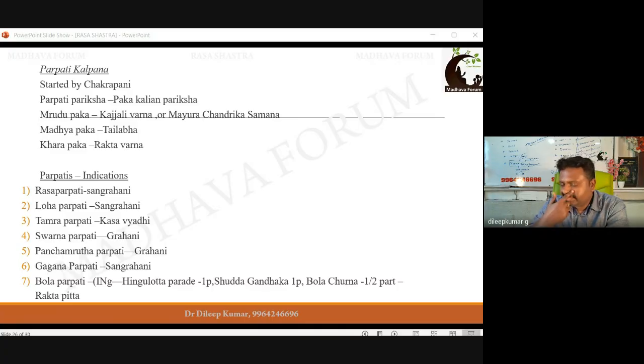So then what do we have to do? If you advise Bola Parpati or Rakta preparations, the result is comparatively very less. So then we will plan for Virechana. Definitely you should plan with Phalagrita only, no other medicines.